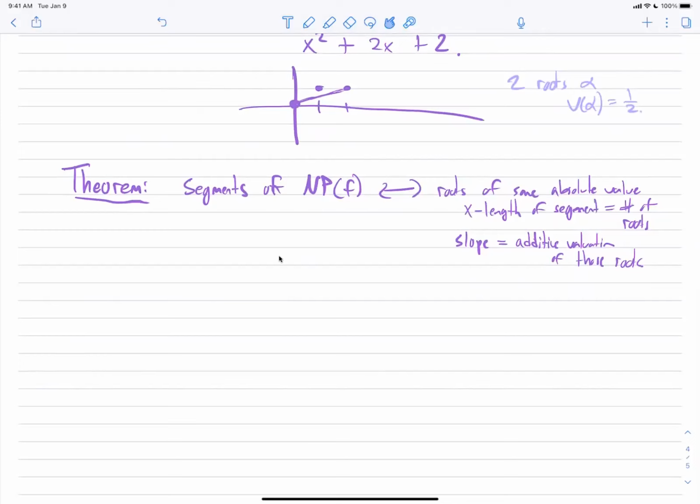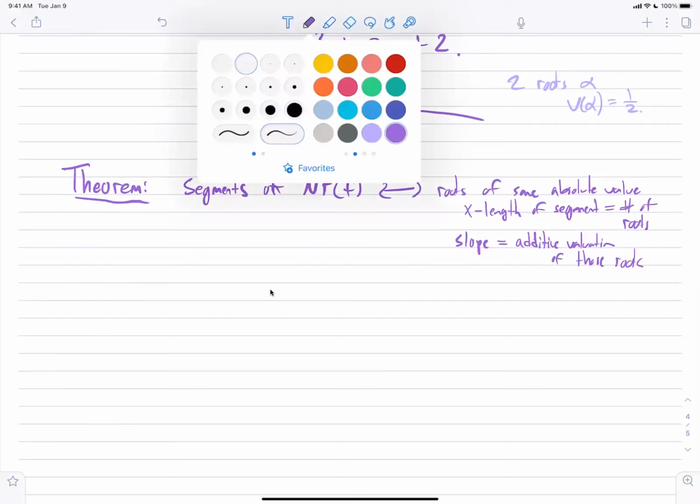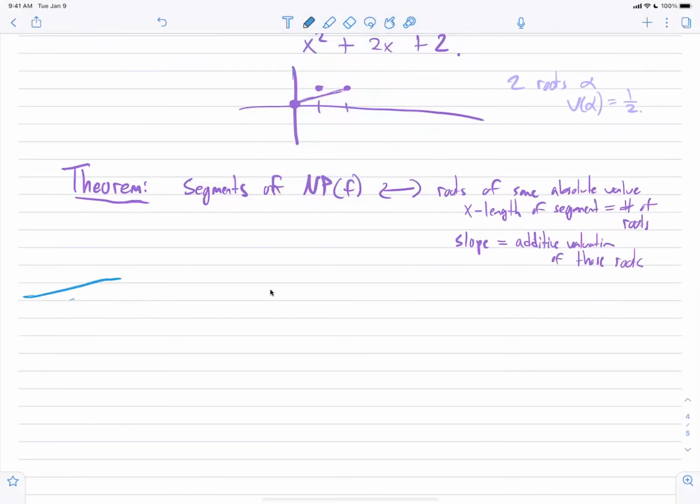Good. So I want to say a few things about the discretely valued case. Let me talk about separable extensions, where the non-Archimedean field is discretely valued.